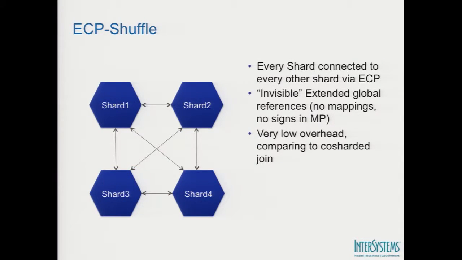So you can think of it as an ECP shuffle. You have multiple shards, and every single shard is connected through ECP to any other shard. And we can reach the data no matter where exactly this data is. We're doing invisible extended global references. So if you look at the configuration of this sharded system right now, you wouldn't see these connections.